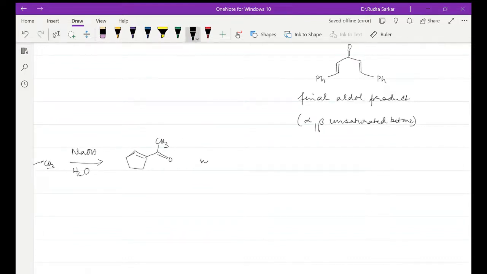But not this one, or say that one. So this is the major product and is the most stable one found.